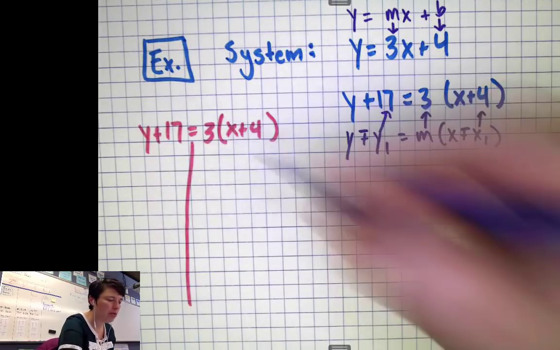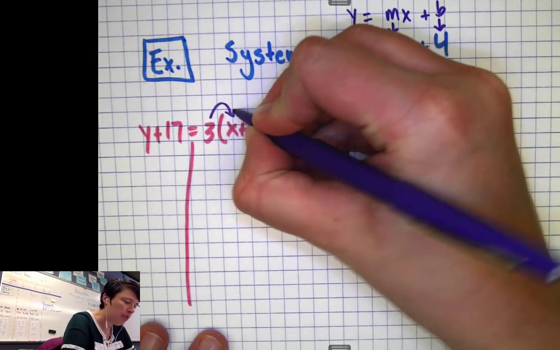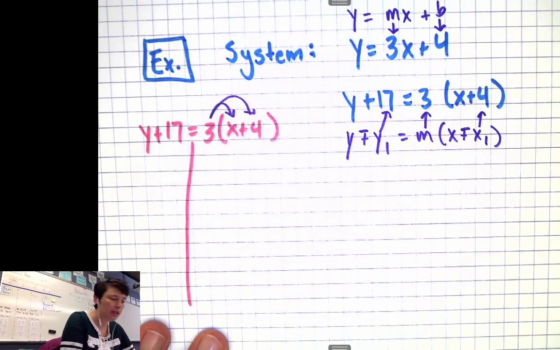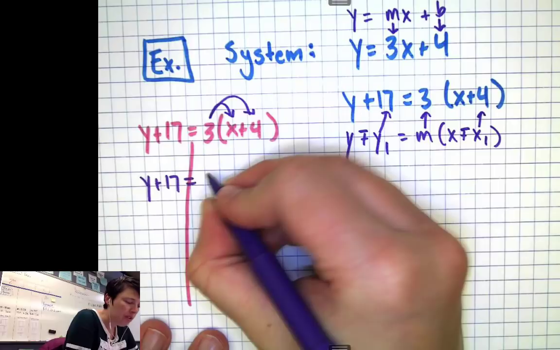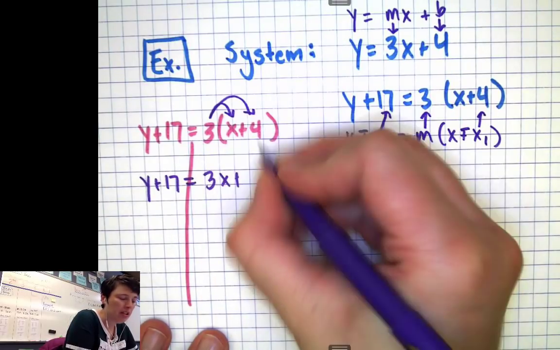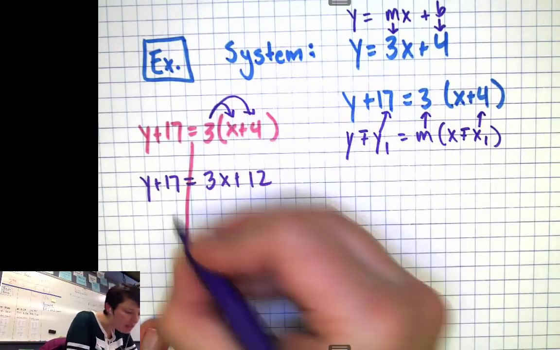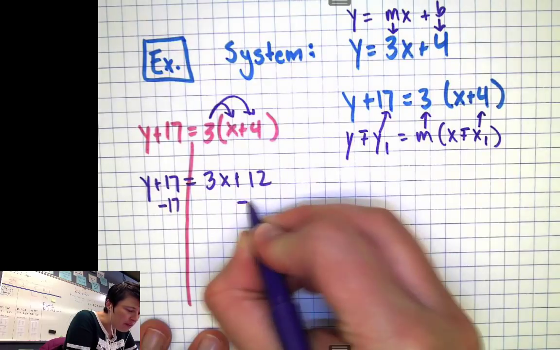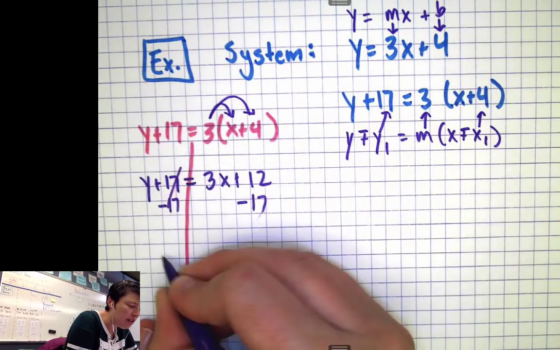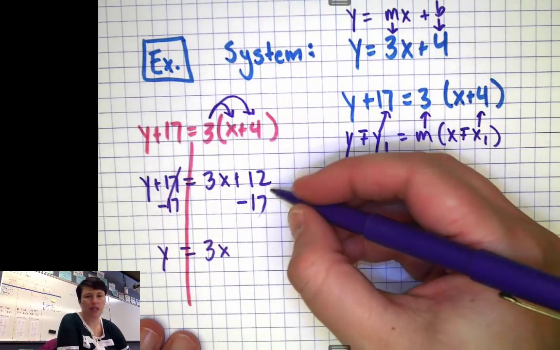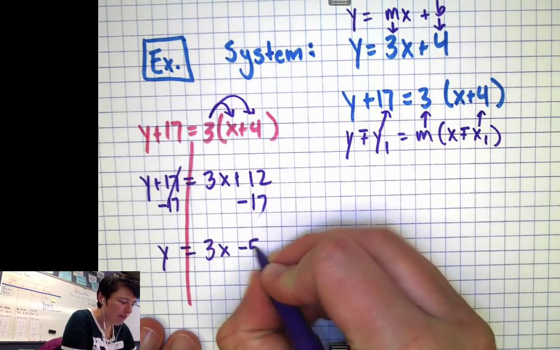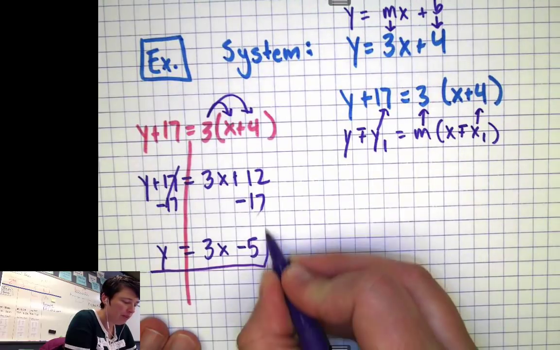So I'm going to distribute the 3 into my parentheses, 3 times x and 3 times 4. I'm going to have y plus 17 equals 3x plus 12. And then I'm going to take this 17 away from both sides to get rid of it, and I'm going to get y equals 3x plus 12 minus 17. That's going to be minus 5. And then there is my equation.